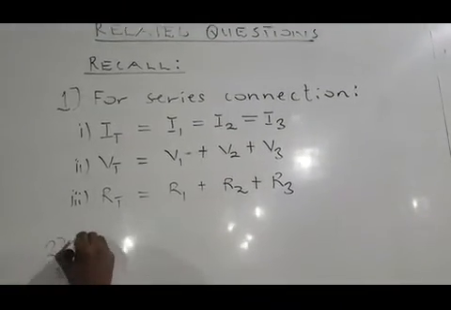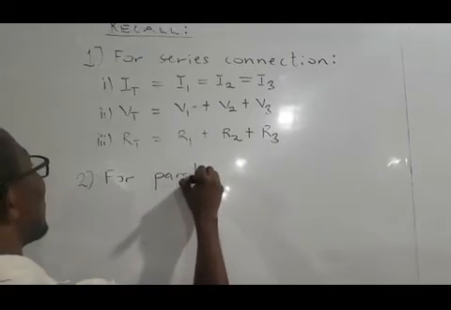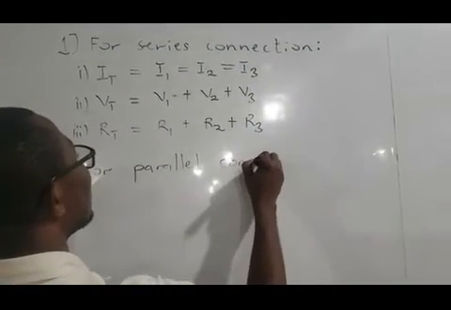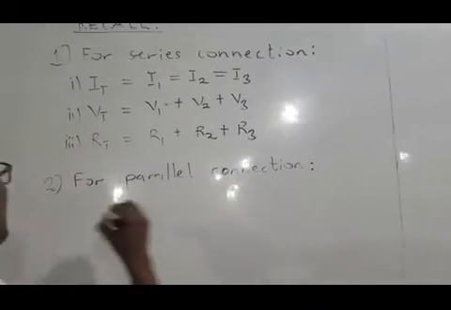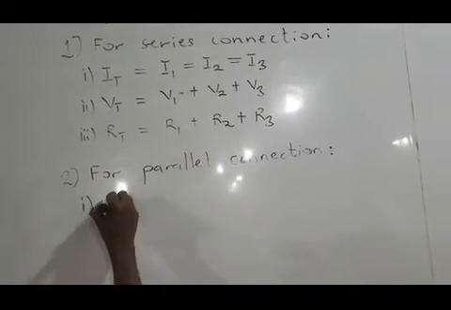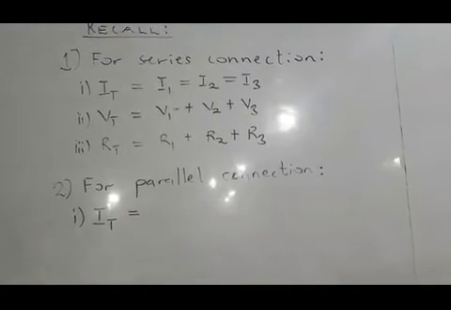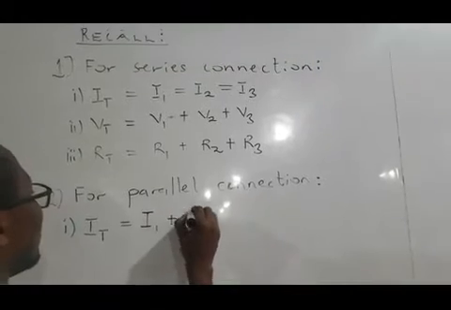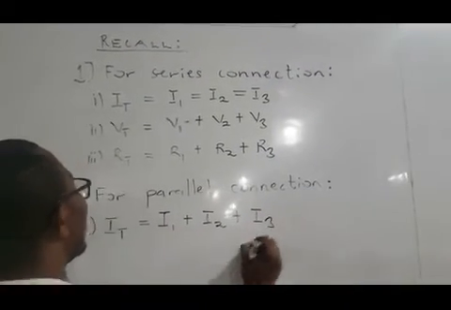And then for parallel connection, we said that the total current is the sum of the current flowing through each resistor. So that is I1 plus I2 plus I3.